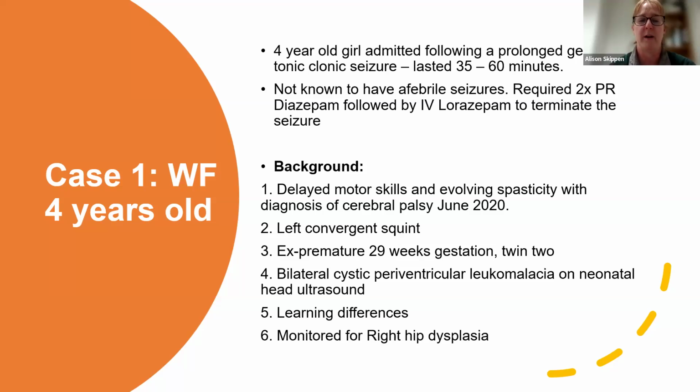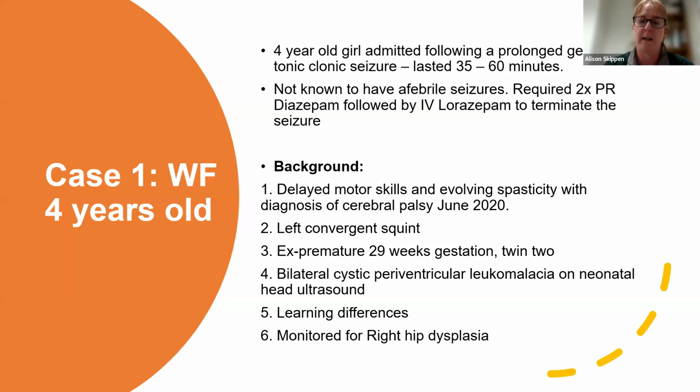So normally for a diagnosis of epilepsy, you need two unprovoked seizures that have happened. So they're not symptomatic for anything, they're unprovoked. But she's just had one. But because she's got a diagnosis of cerebral palsy, then as per the International League Against Epilepsy, we're able to give the diagnosis of epilepsy.